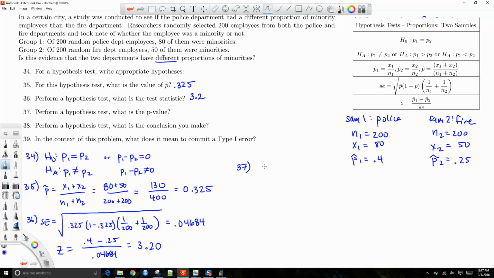Question 37 asks, what is the p-value? Again, the alternative has a not equal sign, so our p-value is 2 times the tail area.